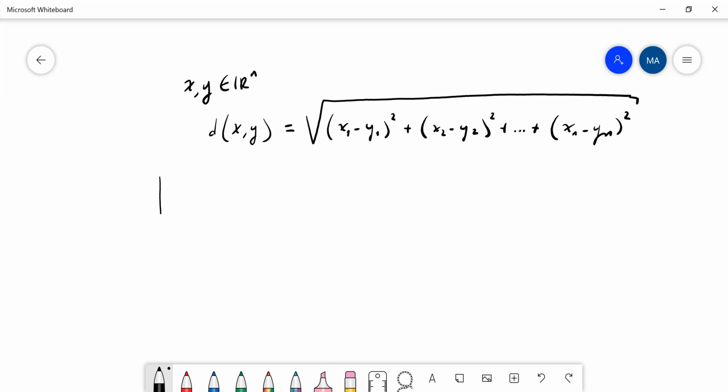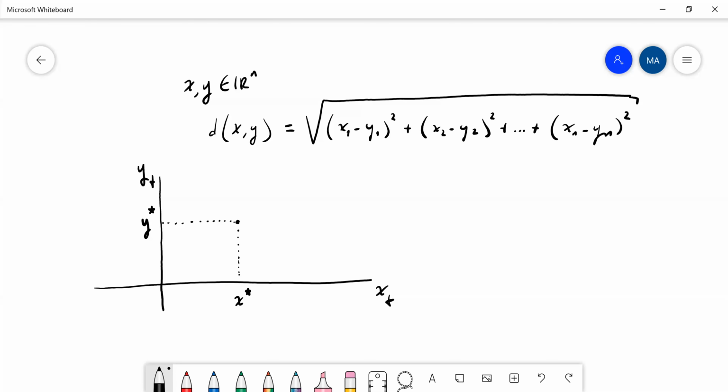In a two-dimensional setting, you may also imagine this. Let's say we have two variables and there is a steady state. This is xt, this is yt, this is x star, and this is y star. Suppose that this is x0 and this is y0.